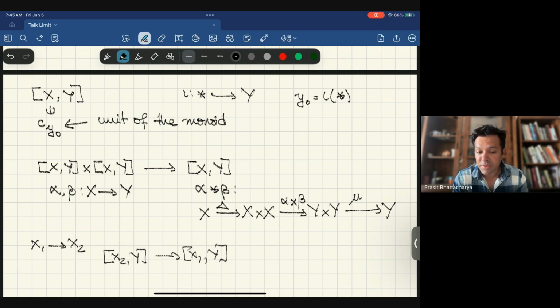Is this forced on us? And the answer is yes. I'll leave that as an exercise. A way to see this is you can put some canonical inputs for X. For example, you can put Y itself, or you can put Y cross Y, and play around and see what you get.